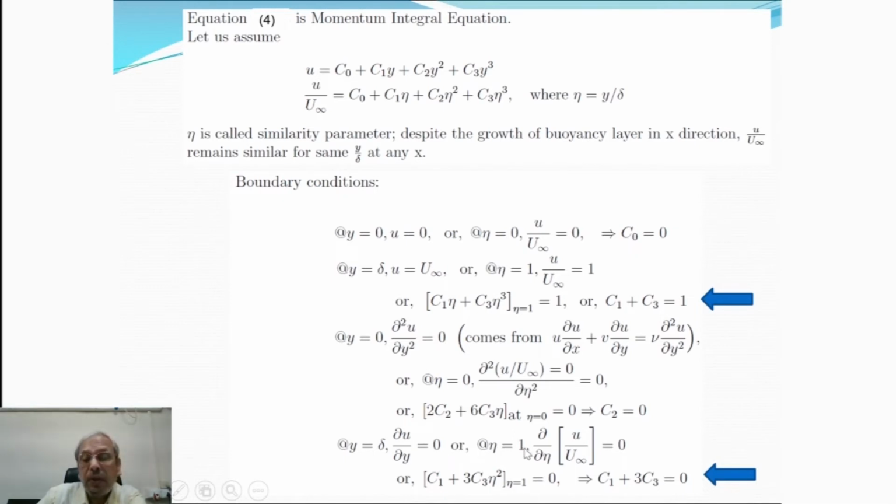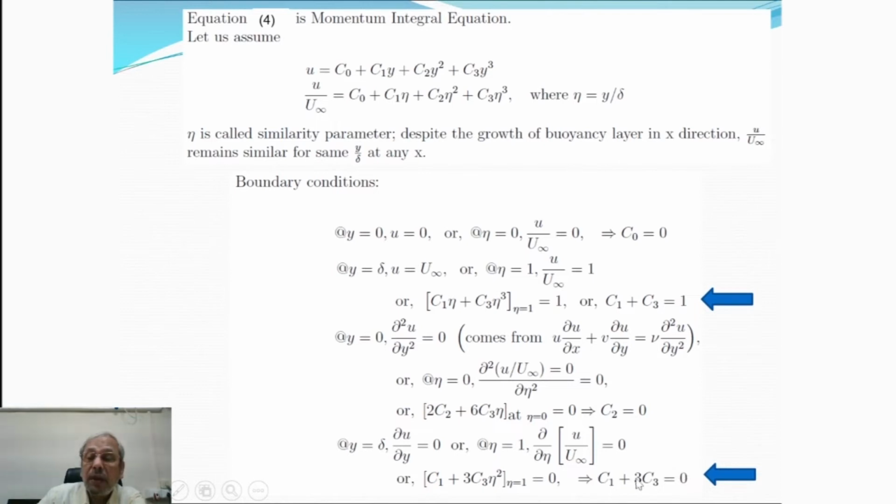So at eta equal to 1, del by del eta of u by U infinity equal to 0. That means we can differentiate these. Del by del eta of u by U infinity gives C1 plus 3C3 eta square at eta equal to 1, equal to 0, which gives us C1 plus thrice C3 equal to 0.